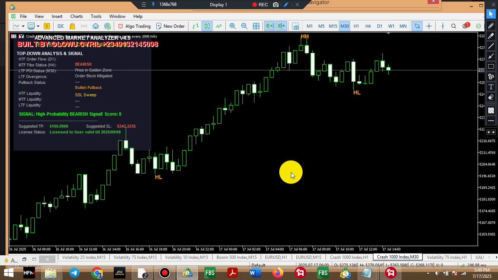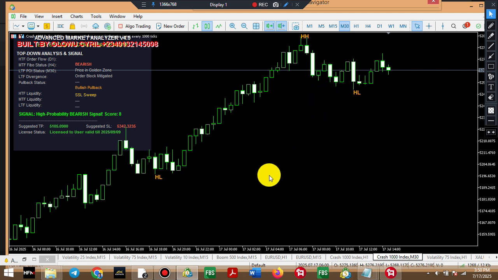So what I mean is that since 30 minutes is the structure here, I can decide to use 15 minutes to track my entry for this signal, or even using 15 minutes or 5 minutes for sniper entry. Exactly, for sniper entry. Now, you can see that if we are to use 30 minutes, price has not really given us an area of entry.